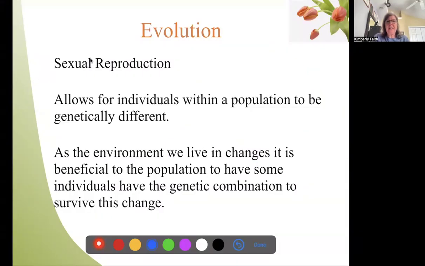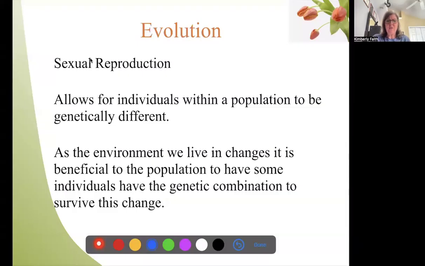Sexual reproduction is very significant when we talk about evolution because it allows individuals within the population to be genetically different. When we talk about evolution, we're not talking about that person, you or I or your friend, surviving some kind of environmental change. We're looking at the population surviving.